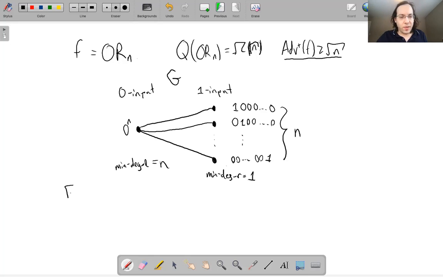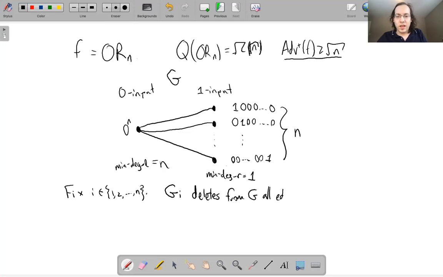So that's G. And now for every i, we need to consider the graph G_i. So we fix i, a position in the string. And what is G_i? G_i deletes from G all edges except those with x_i not equal to y_i.